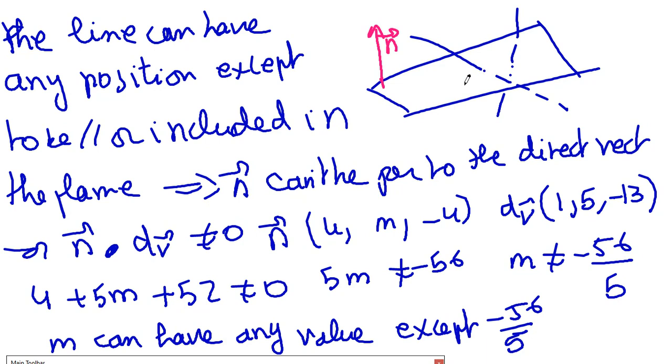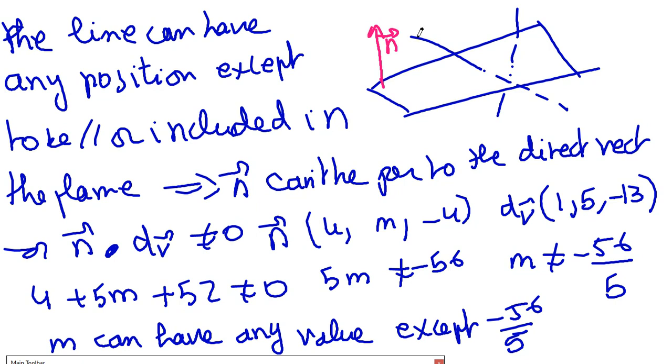If this line is in the plane, it has many intersections. And if this line is parallel, there is no intersection. So the line can have any position except to be parallel or included in the plane.